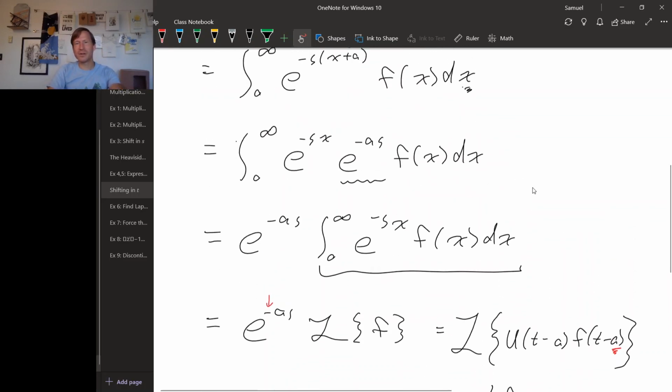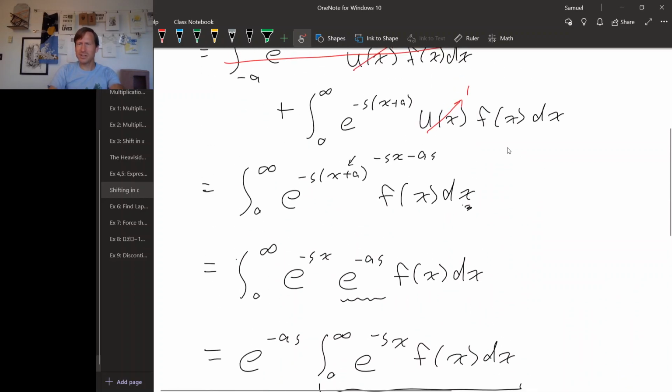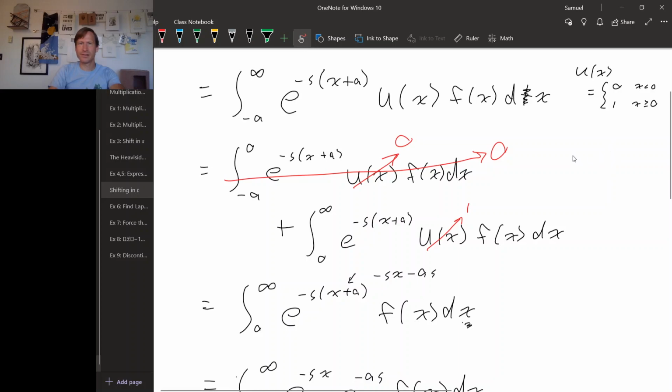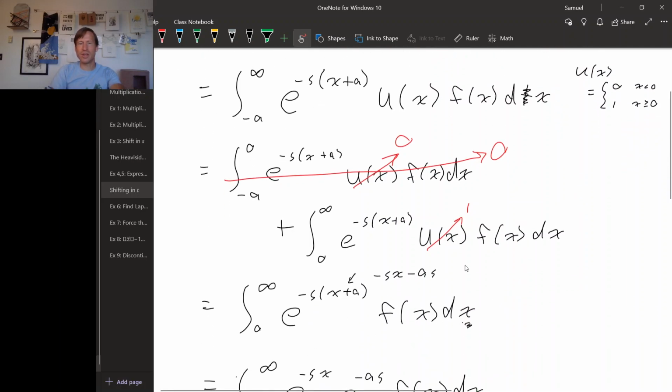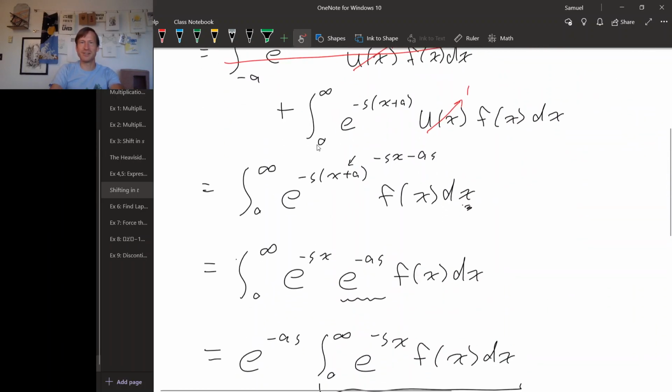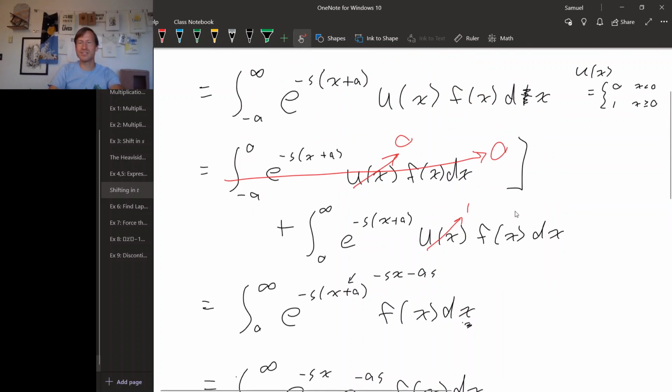Another thing that we have to be careful about is we made an assumption up here when we were able to discard this entire first integral. We were assuming that minus a is a negative value. But if a itself were negative, minus a would be positive, and then we wouldn't be able to just discard this entire first integral because this step function wouldn't be 0.